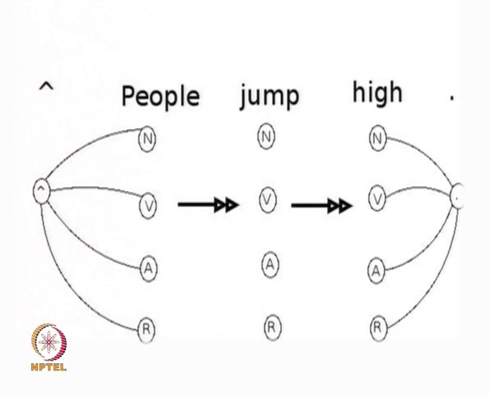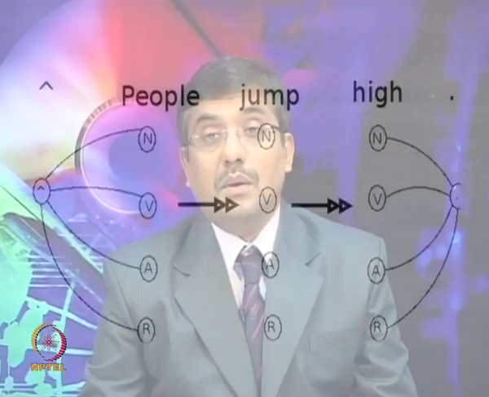Now, before we begin discussing the mathematical aspects, this graph traversal would finally find out the best possible tag sequence, the best possible labels for the words. What does this best possible mean? The best possible means the highest probability path from the hat symbol to the dot symbol.